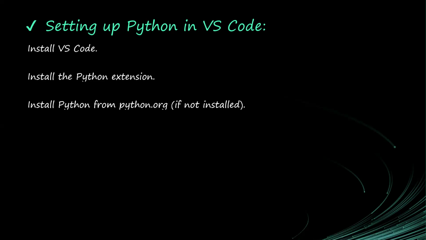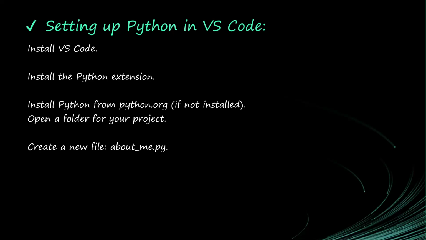I'm not going to talk about VS Code here. You open a folder for your project, you create a new file and stuff like that, but this is beyond the scope of this class. You have seen that I have already run a Python program in the terminal.